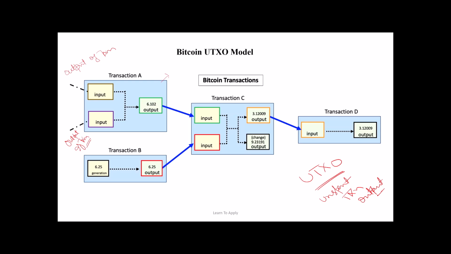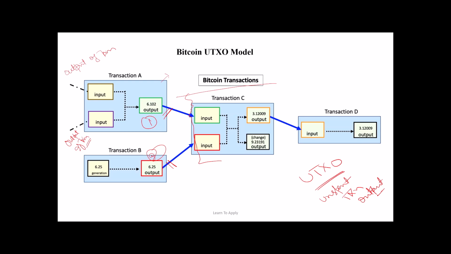Simple meaning, right? But just ignore transaction C and D for now. You just see we have transaction A and transaction B. They are creating two outputs. One is the output of transaction A and another is the output of transaction B.